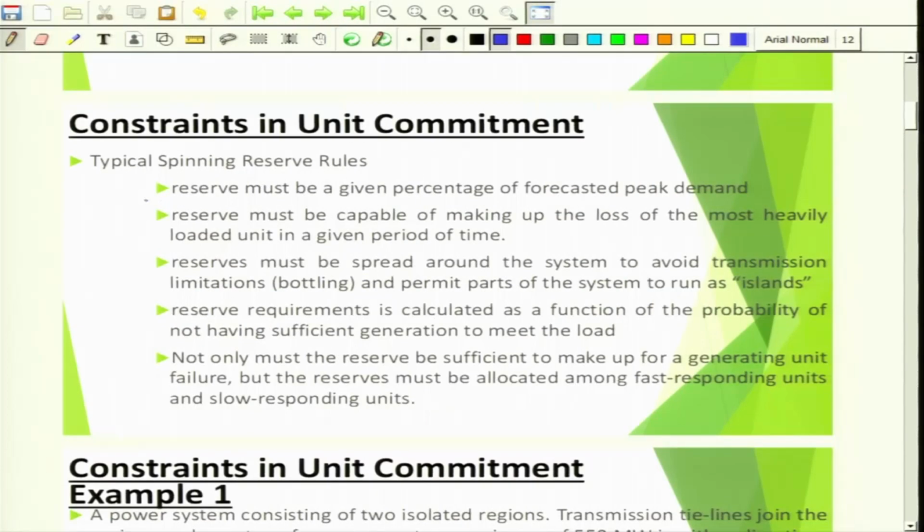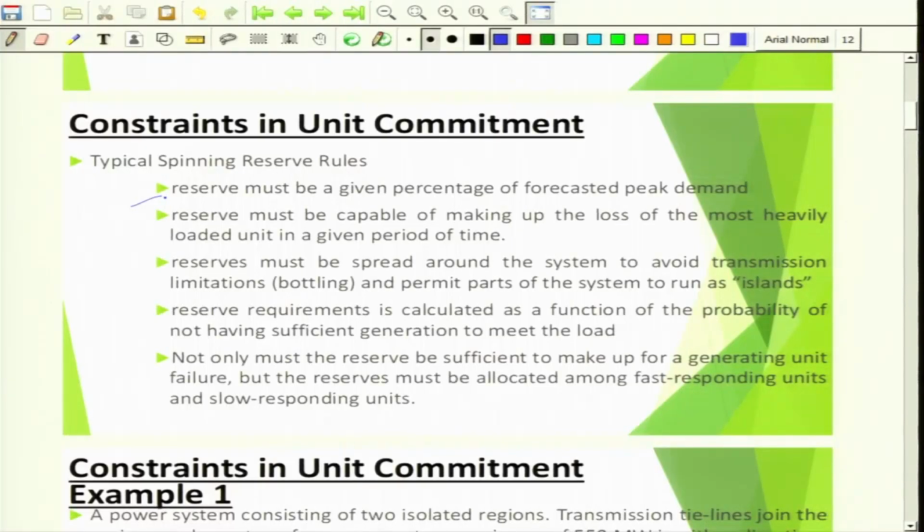Now, there are certain rules with respect to the spinning reserve. Reserve must be a given percentage of forecasted peak demand. Suppose there is a sudden change in the demand and it reaches a peak demand. Based on the forecasted peak demand, there should be some percentage of generation available as a reserve to meet the expectation of the system. Reserve must also be capable of making up the loss of the most heavily loaded unit in a given period of time.